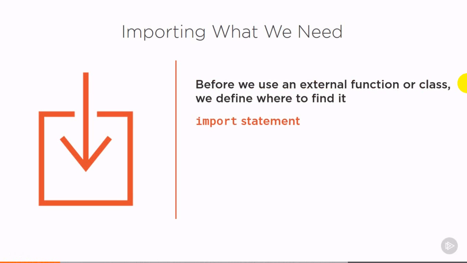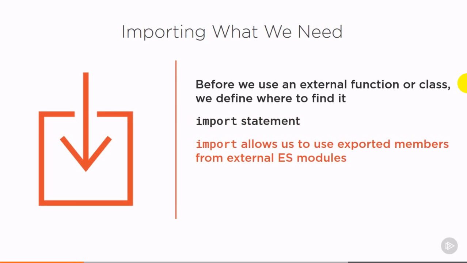It is conceptually similar to the import statement in Java or the C# using statement. The import statement allows us to use exported members from external modules. Remember how we just exported our class using the export keyword? That means that other modules in our application can import our exported class if needed.